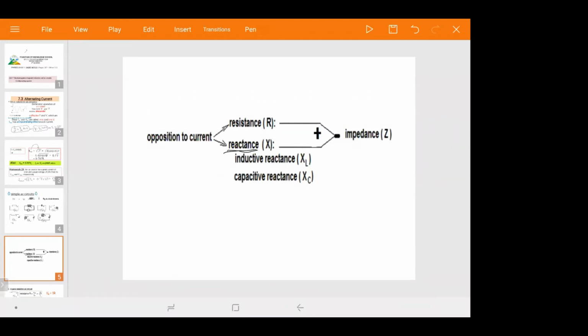And the new name that people give it is impedance. So impedance is the opposition to the flow of current, both due to resistance and reactance.